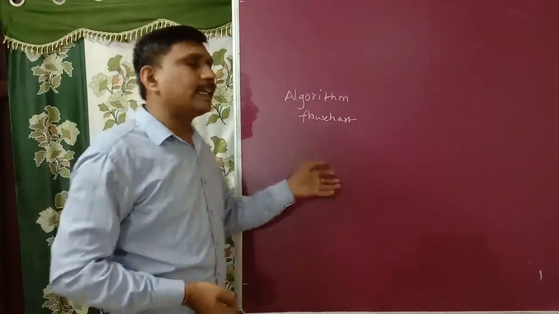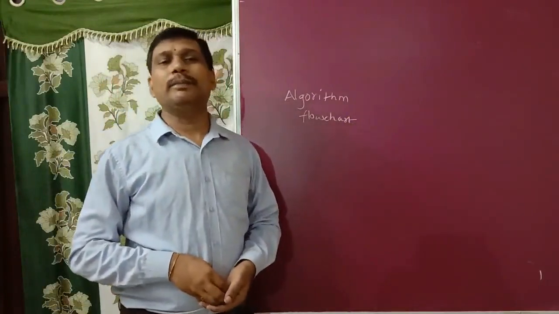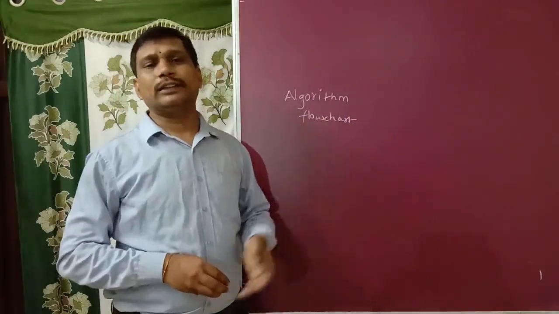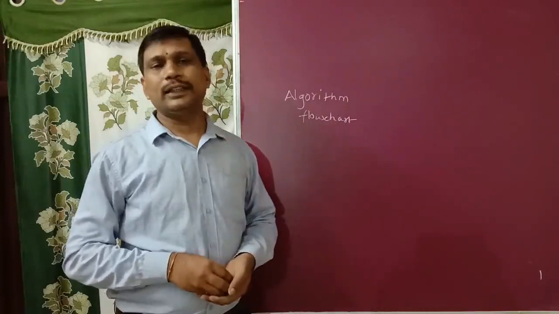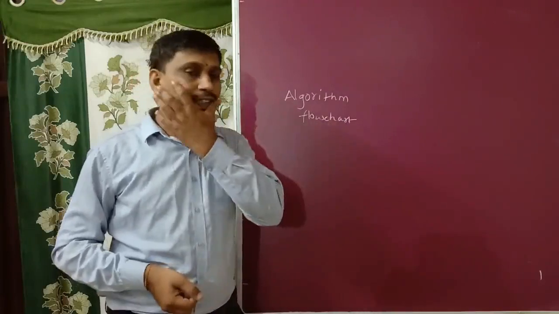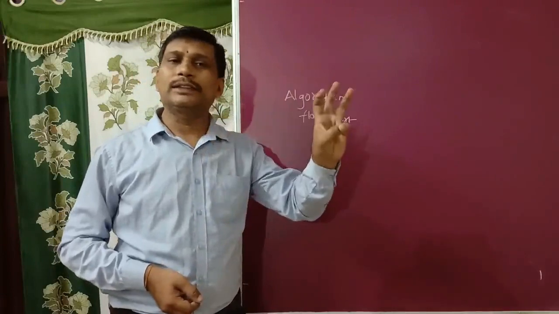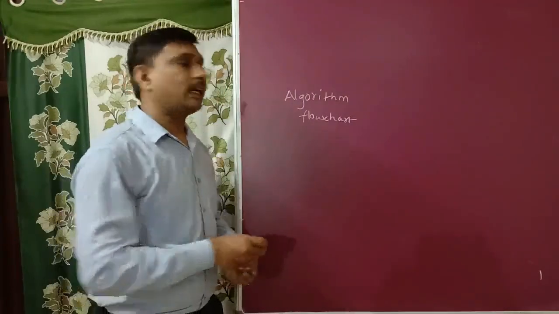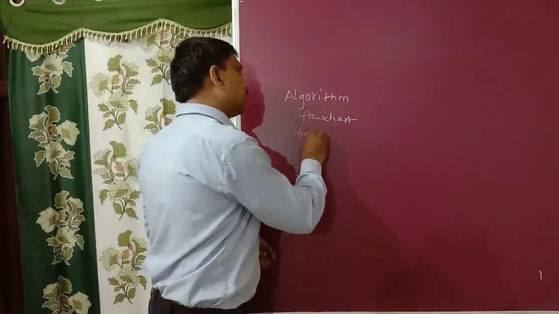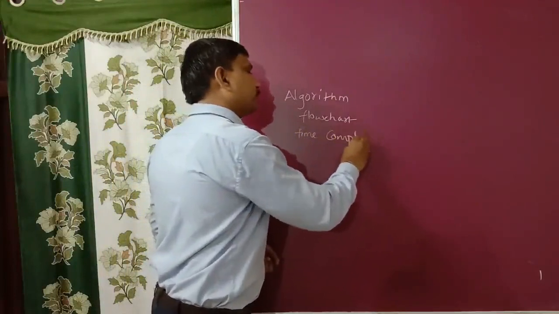What factors affect the computational complexity? There are two types of computational complexity, that is time complexity and space complexity.